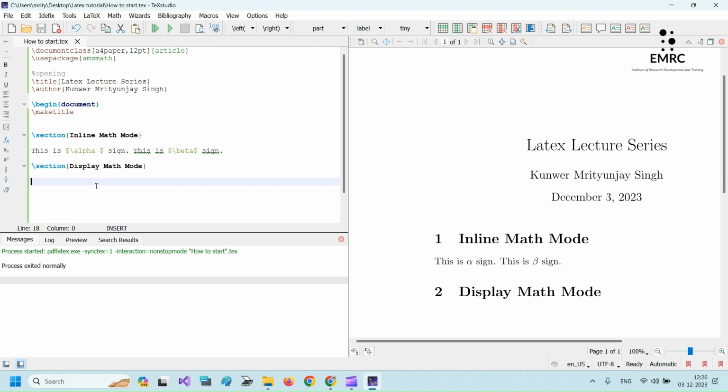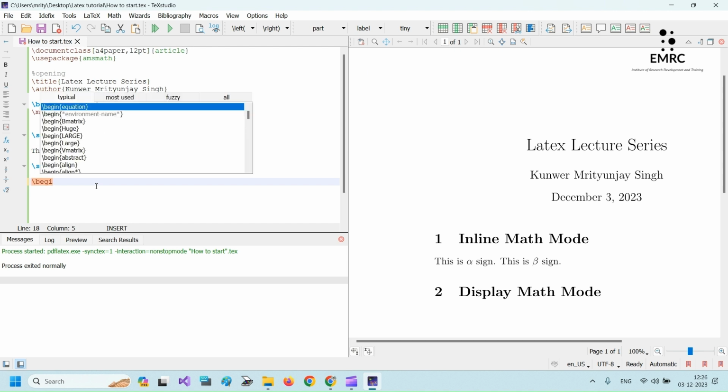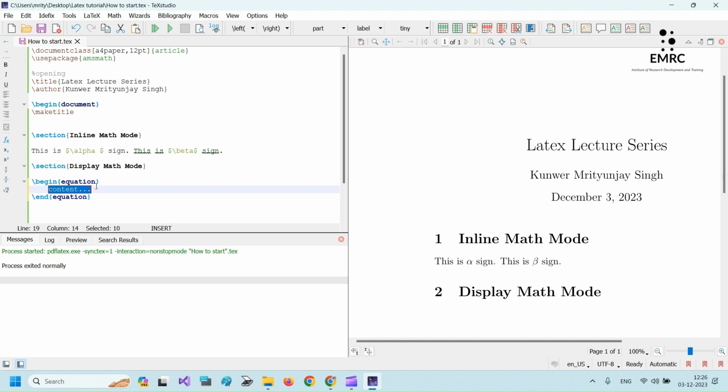While using display math mode, you can write like this. You can write with the equation also, or you can write in some other way also. Suppose you write \begin{equation}, and now you don't need to put a dollar sign because you are already using begin equation at the beginning and end equation at the end.